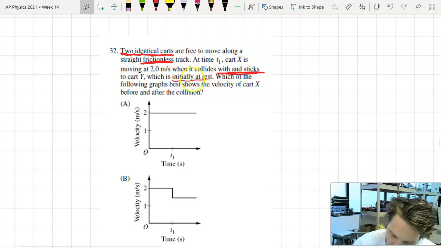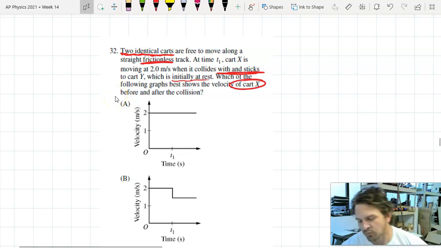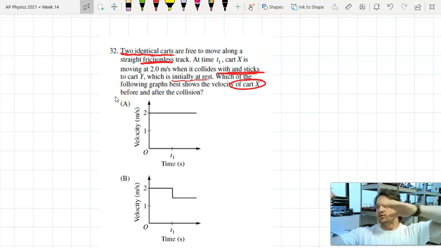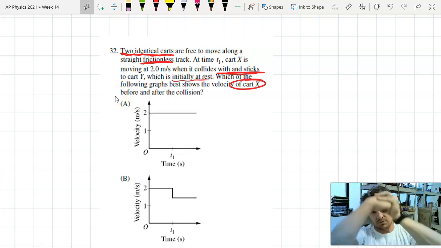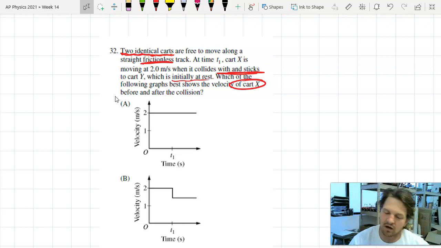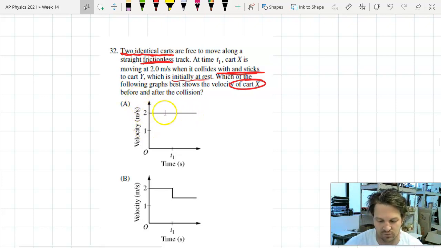Okay, which of the following graphs best shows the velocity of cart X before? So only cart X. Okay, so right away I know something is going and sticking together, so its mass is increasing, right? Conservation of momentum means if something's mass increases, its overall speed has to decrease, right? So I know it's not going to stay the same speed.